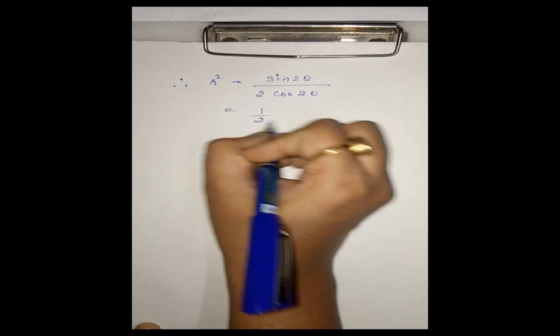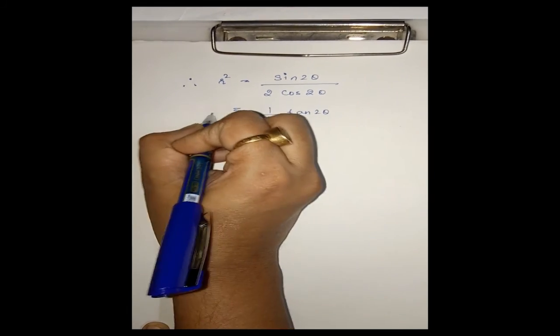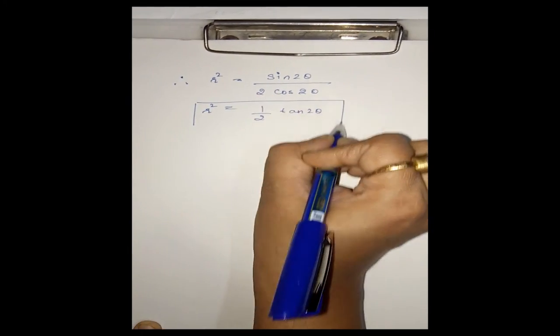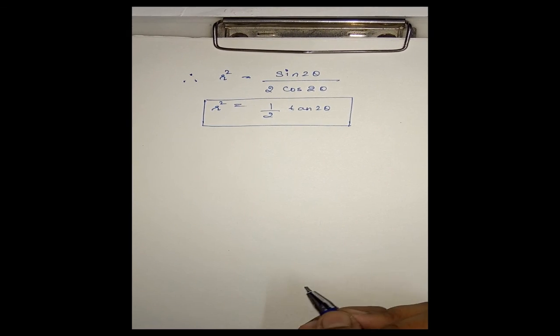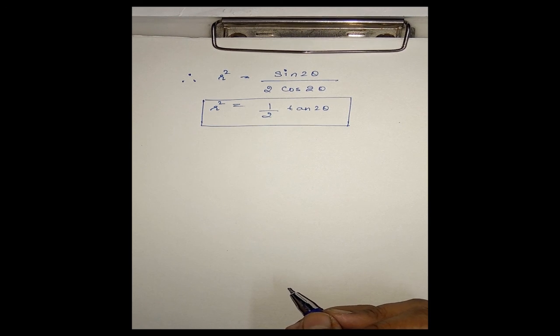That is, r² = (1/2) tan 2θ. Now we have to check the values of r for values of θ.